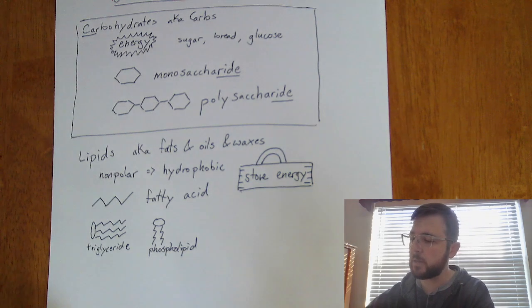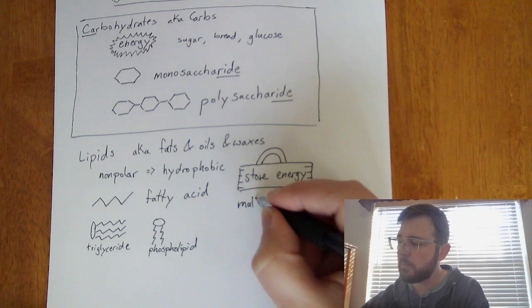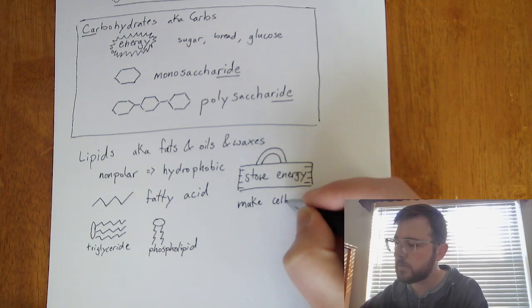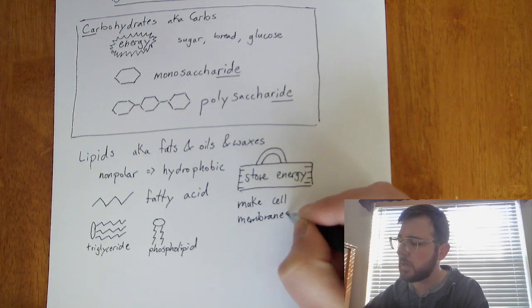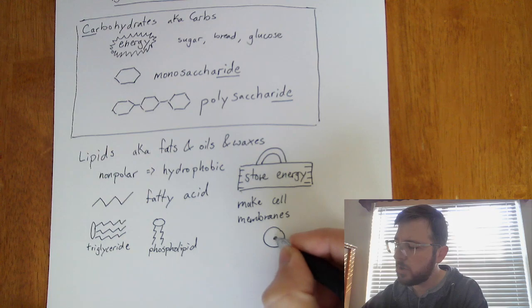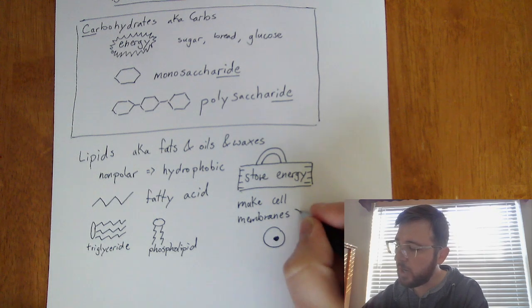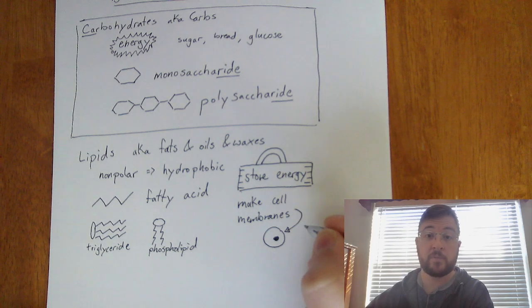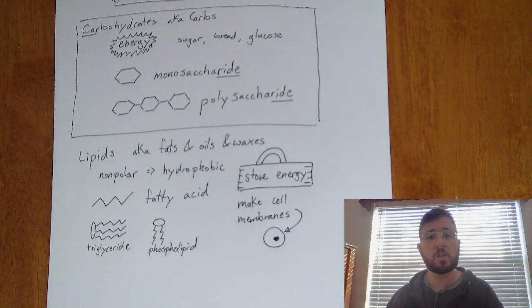The other thing that lipids do is they make cell membranes. So if we draw ourselves a little cell, just a circle with a circle inside of it, we'll have a little animal cell here. The cell membrane is what's on the edge of that cell, on the outside of the cell. Okay? So lipids store energy and they make cell membranes.